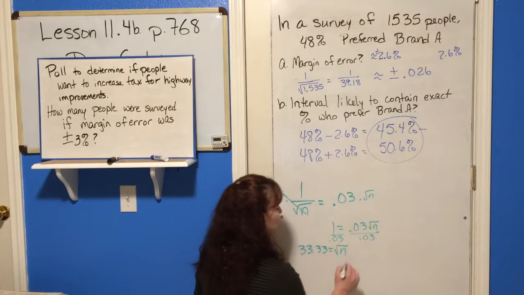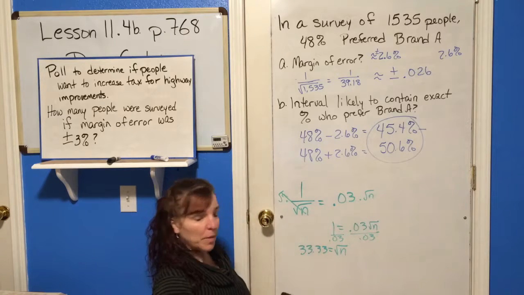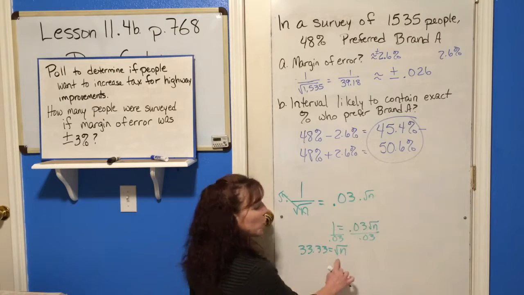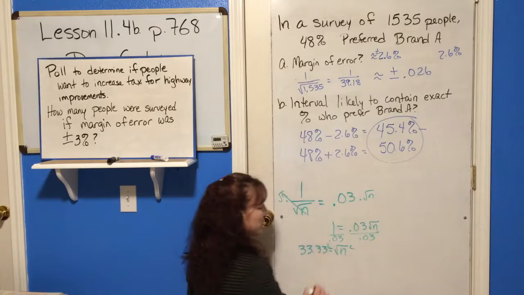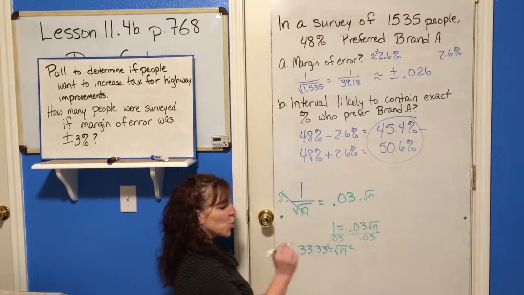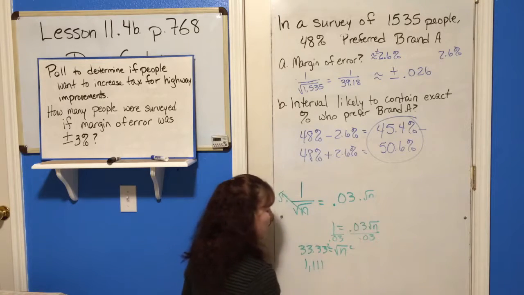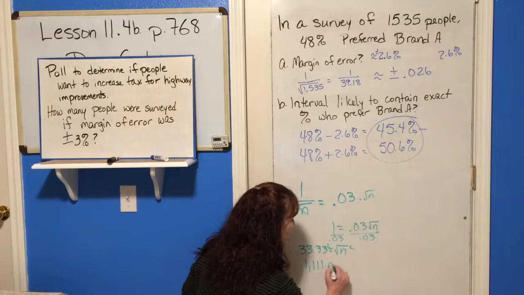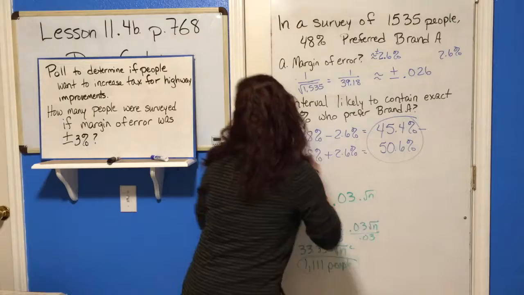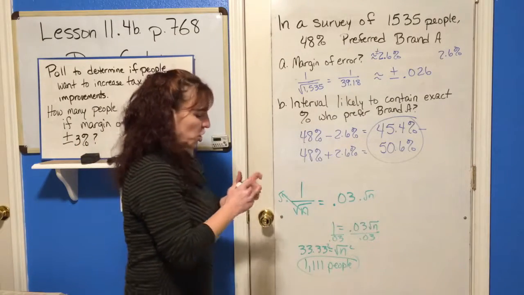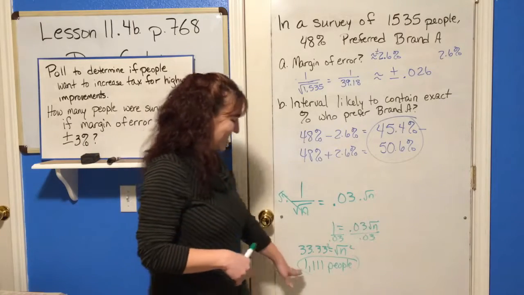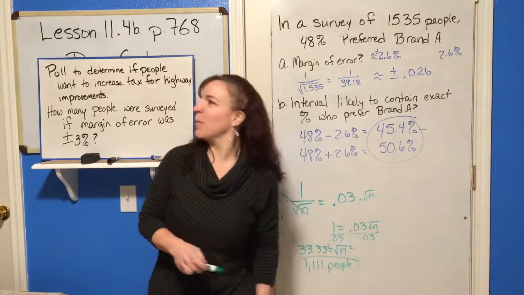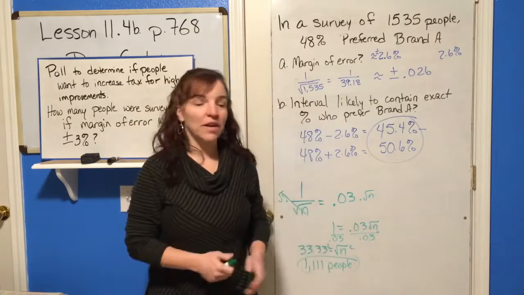Now be careful not to say, oh, 33.3, that's how many people. 33.3 equals the square root of n. So to find out what n is, you have to square both sides. 33.33 squared is 1,111. So the sample size that the state legislator used was 1,111 people if their margin of error is 3%.